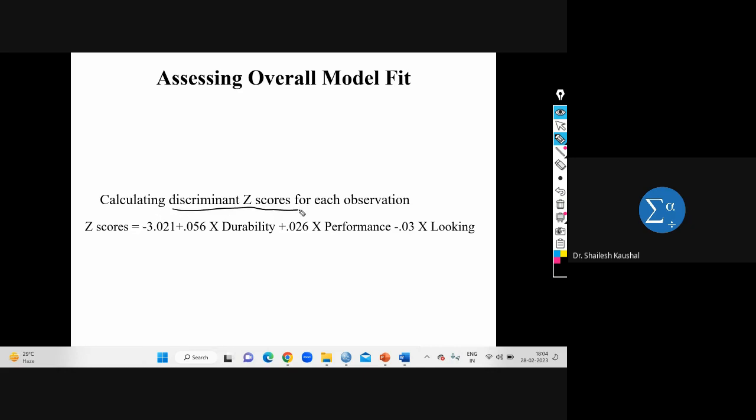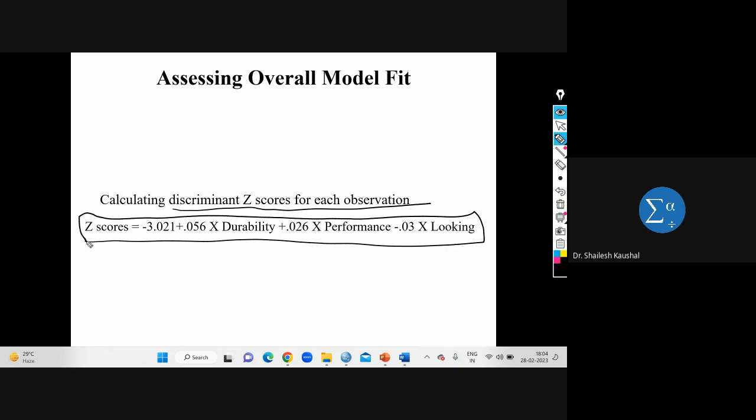discriminant score of each observation or each participant. This is my final model or equation to predict the outcome variable, whether the particular person will buy the product or not. This is my main model. So he will give the rating to the durability, he will give marks out of 100.